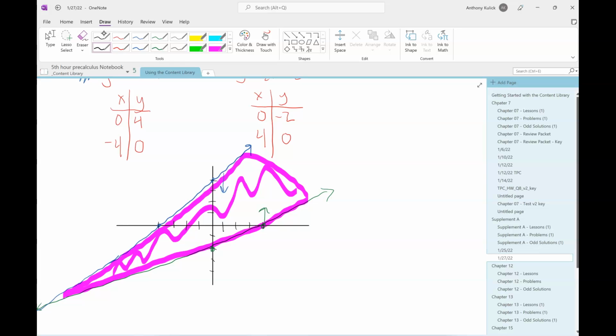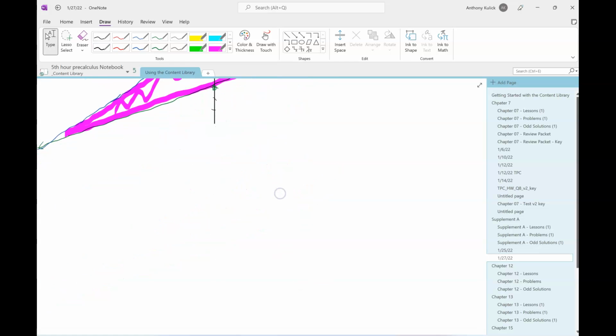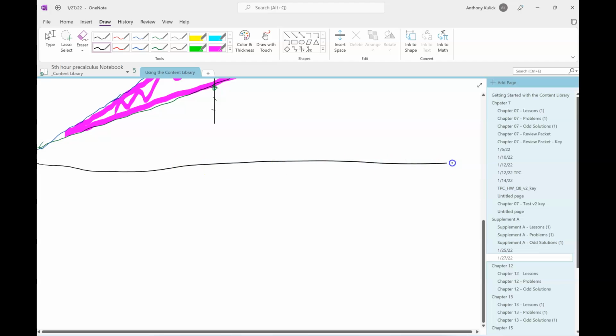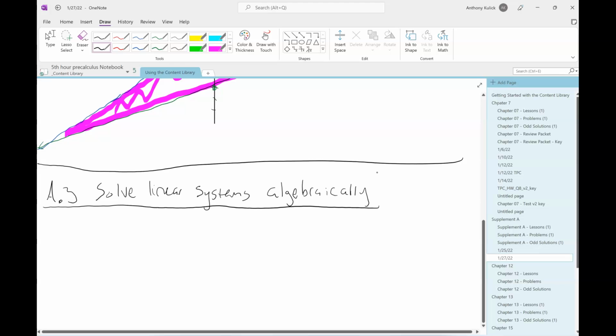If that's it for questions, we'll go ahead and move on to section A3. So in section A3, we're going to talk about solving systems algebraically.